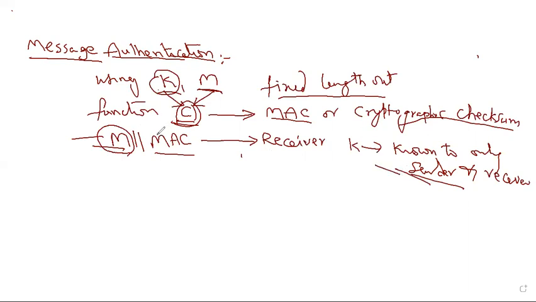the MAC, right? There may be a chance of changing the message because we are sending plain text along with the MAC code to the receiver. But how does the receiver check?